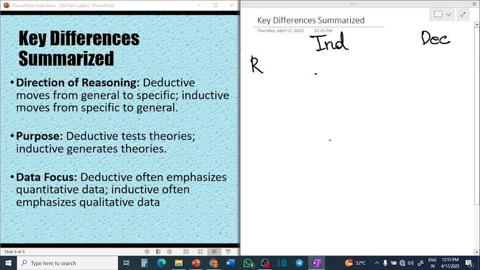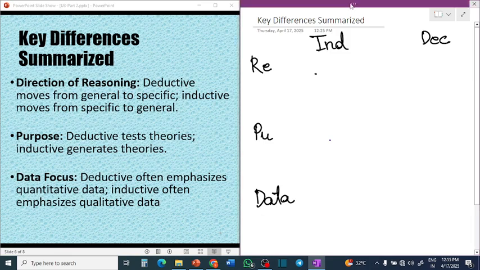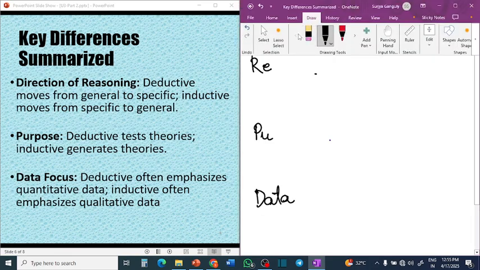First one is reasoning. Second one is the purpose. And third one is the data focus. So first we will start with the inductive research.